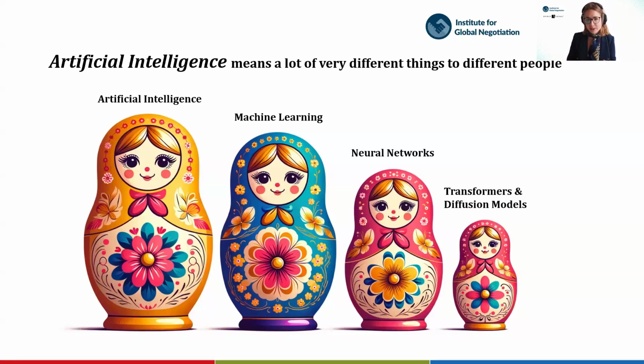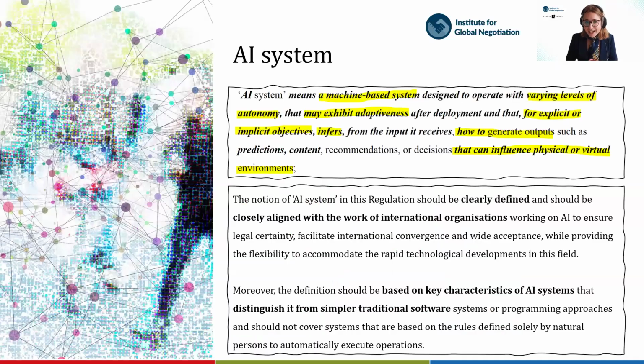Why? Because that will be the most relevant sense of the word, at least, again, if your organization is in any way touching Europe. So under the AI Act, an AI system means a machine-based system that is designed to operate with varying levels of autonomy, may exhibit adaptiveness, for explicit or implicit objectives, infers how to generate outputs that can influence physical or virtual environments.